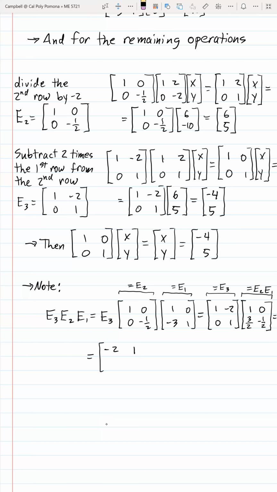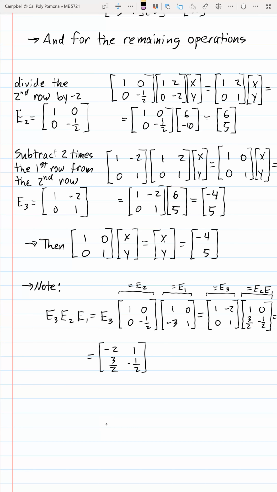Then going to the second row for E3, 0 times 1 is 0. 1 times 3/2 is just 3/2. And we can just see that, of course, the next entry will just be negative 1/2 because of that 0, 1 associated with E3. So the 3 multiplied together will just give me negative 2, 1, 3/2, and negative 1/2.